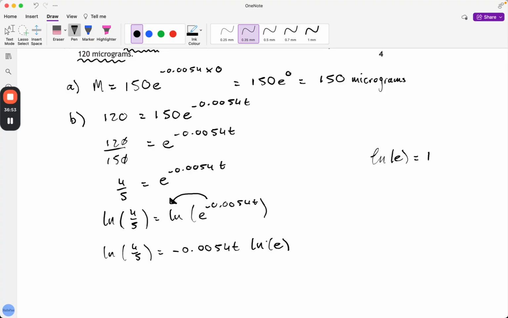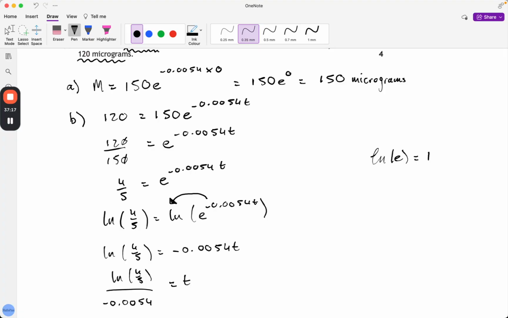We've said though that ln e is just equal to 1, and so that actually cancels out quite nicely. I'm just going to get rid of it for now, because timesing something by 1 is a little bit redundant. It's now at this point that we can get t on its own just by dividing both sides by minus 0.0054. So we're going to have ln of 4/5 getting divided by minus 0.0054, and that is going to give us t.